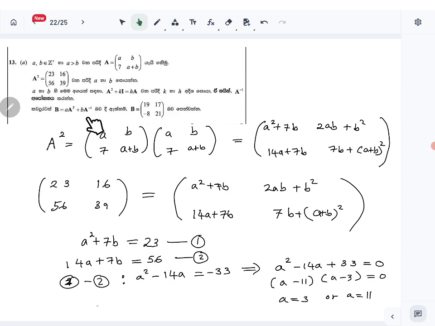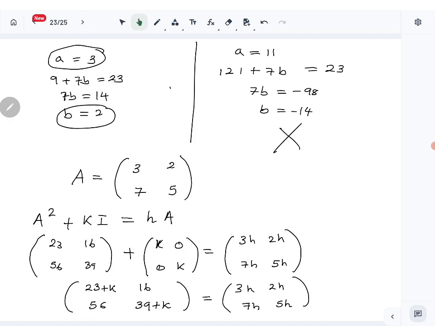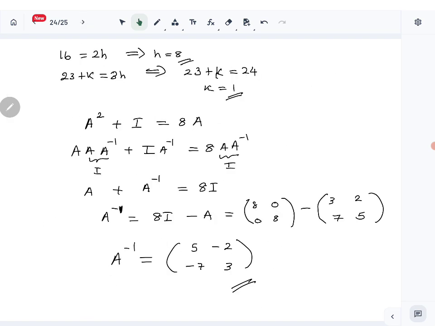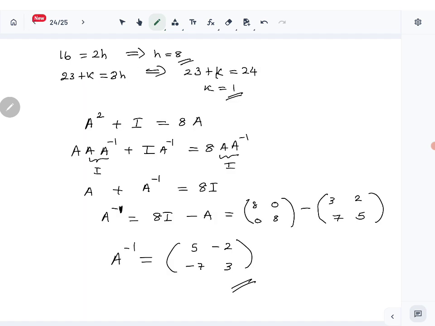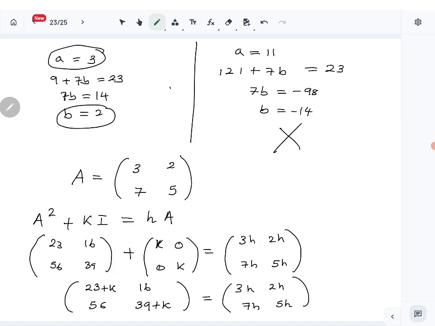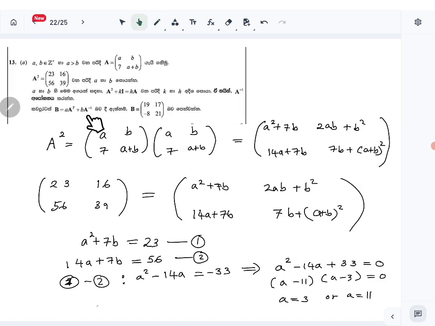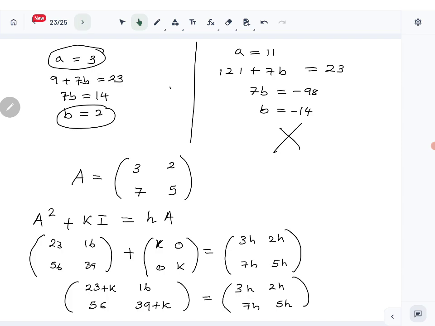If B is given by this, show that B is equal to that. Okay. So let's write B equals 3 times A transpose plus 2 times A inverse, since A is 3 and B is 2.